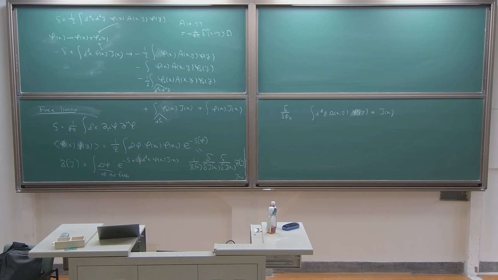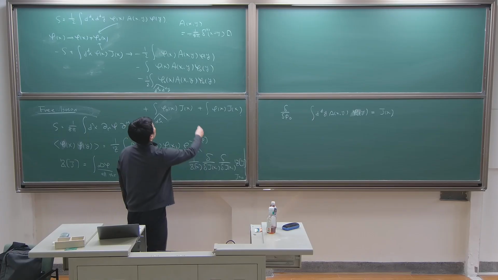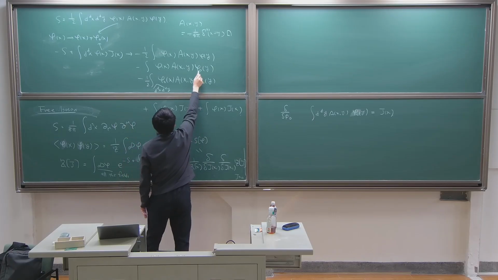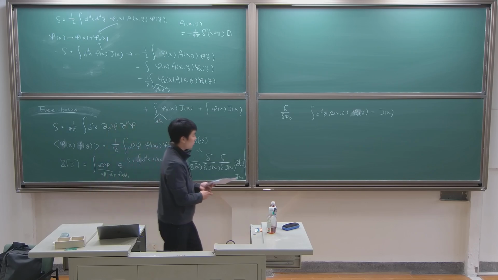I think something is strange. Let's see. If you take the variation with respect to phi 0, this will also be affected. What's wrong with this? Oh, sorry.